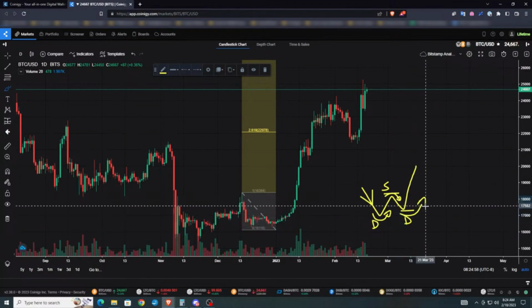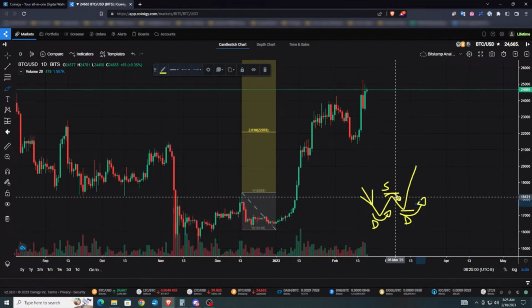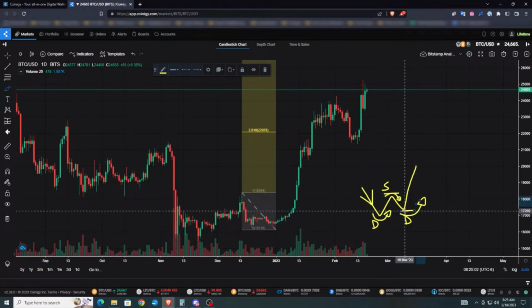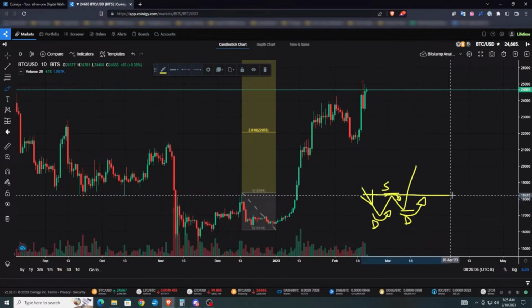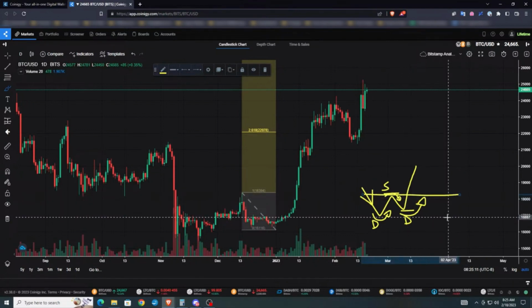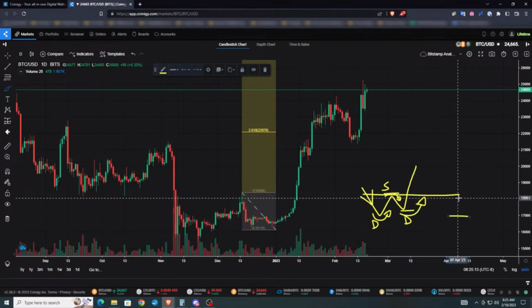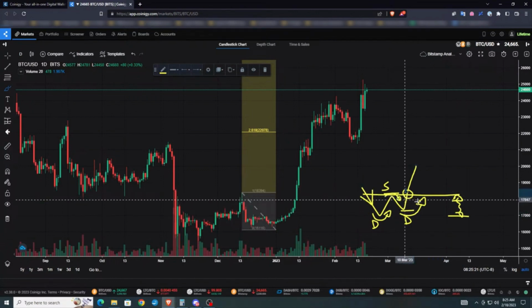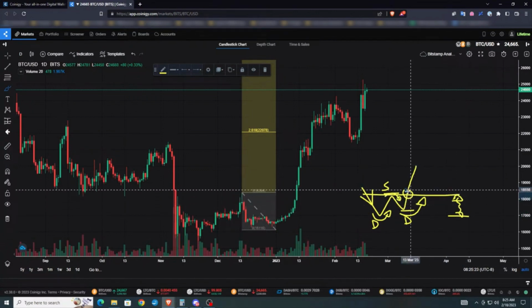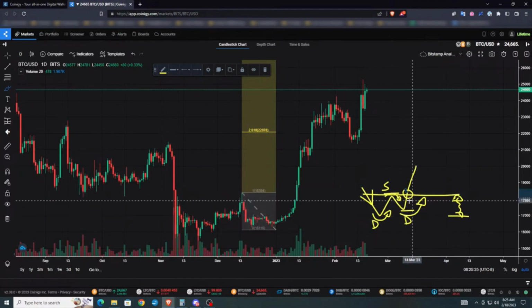So quite literally, there's a battle in the marketplace between demand and supply. And the breaking of this level right here implies, number one, that this was a trading range from this point here up to this point here. And if we break through the high here, then it means that demand overwhelms supply.